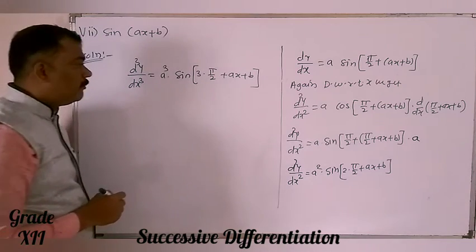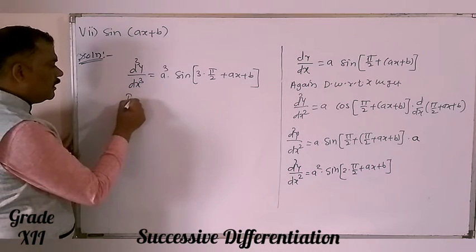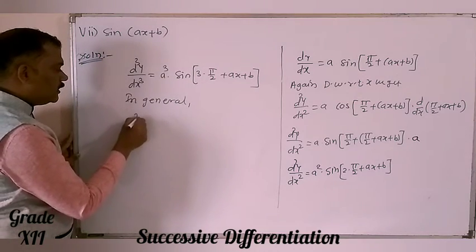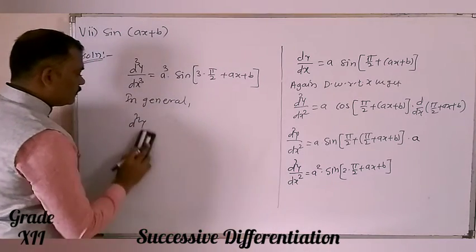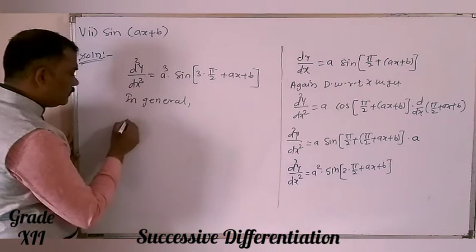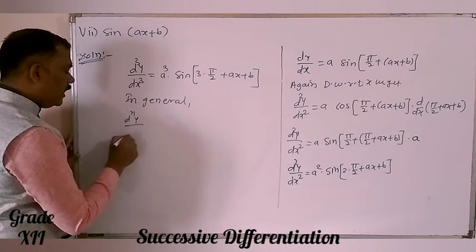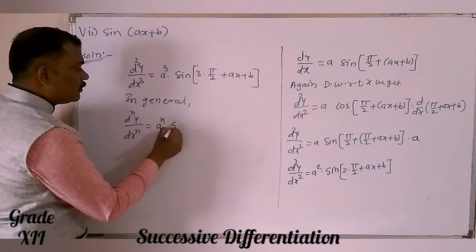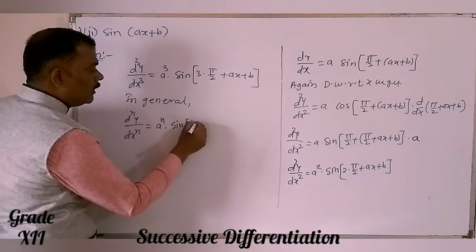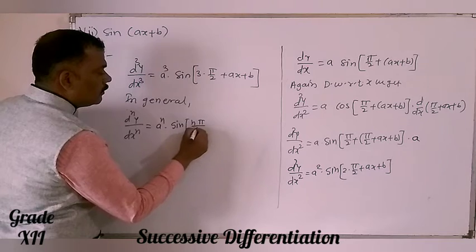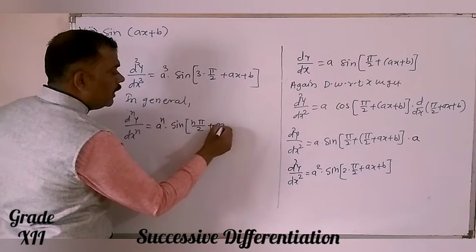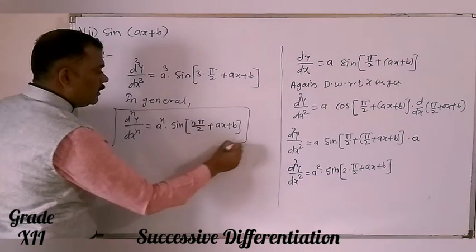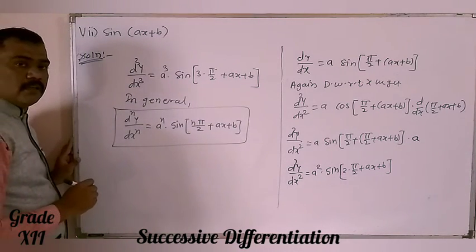If you observe the pattern, we can write in general the nth order derivative, that is dny by dx raised to n is equal to a raised to n into sin of n into pi by 2 plus ax plus b, which is the required nth order derivative.